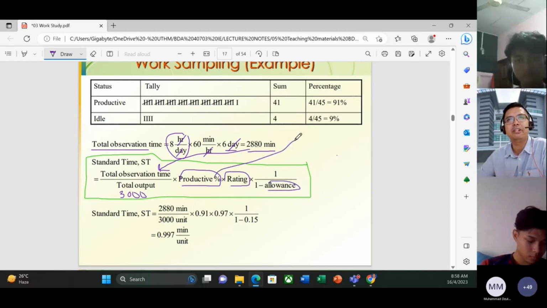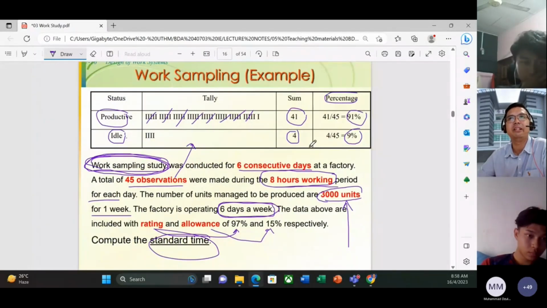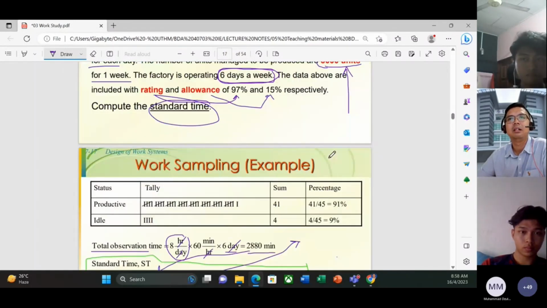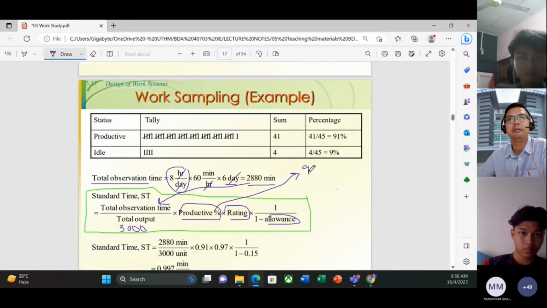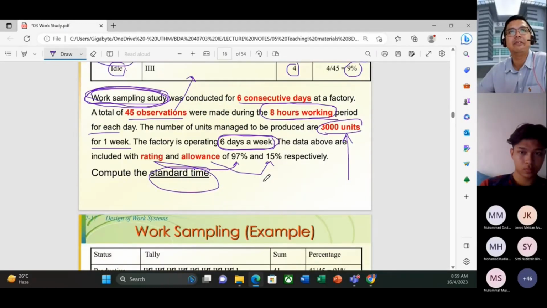So what is the productive percentage? Look at the productive, 91%. Rating score and allowance are given to you. Rating score 97.